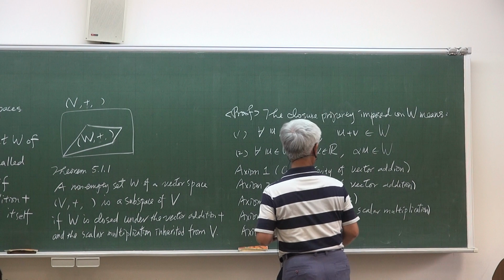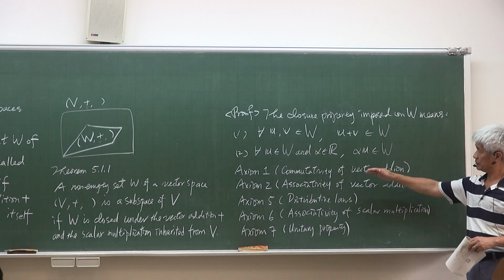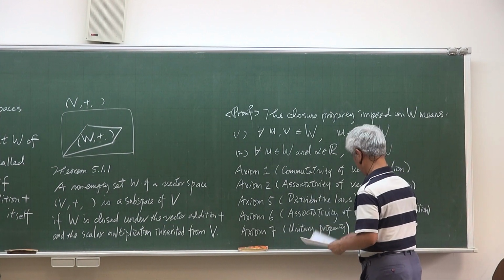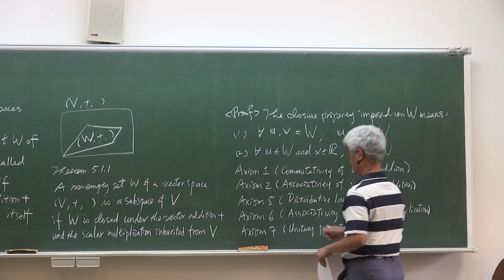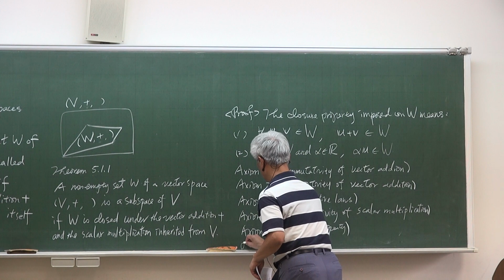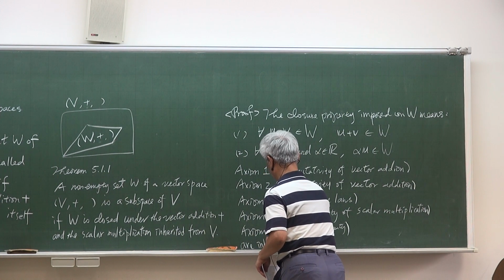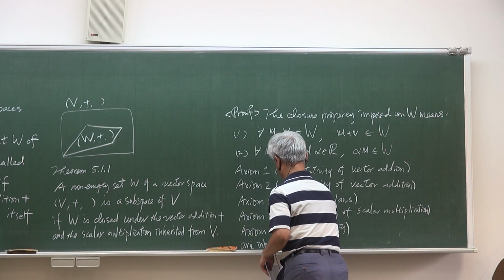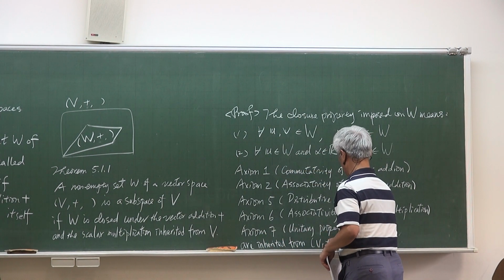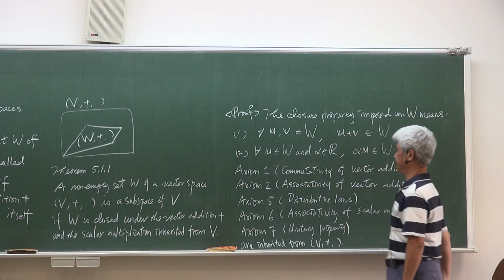All right, this 1, 2, 5, 6, 7 makes sense. They are inherited from the vector space.